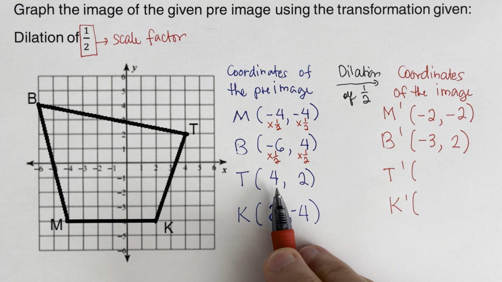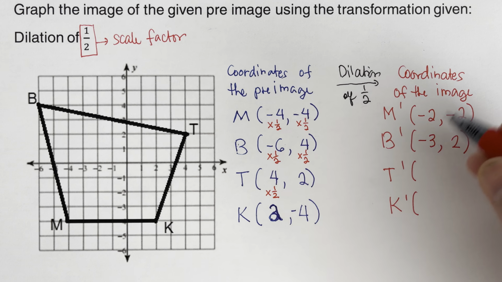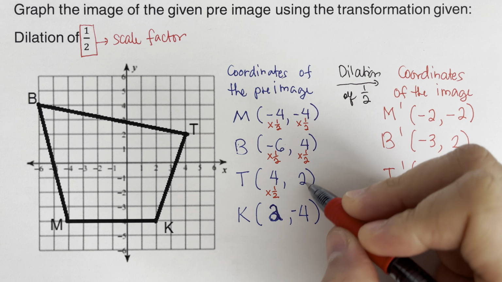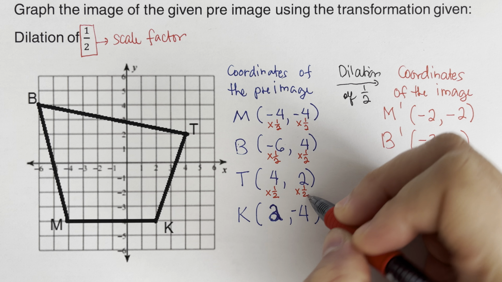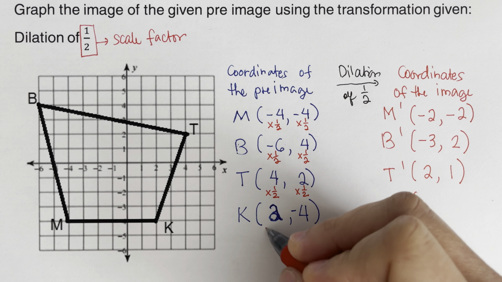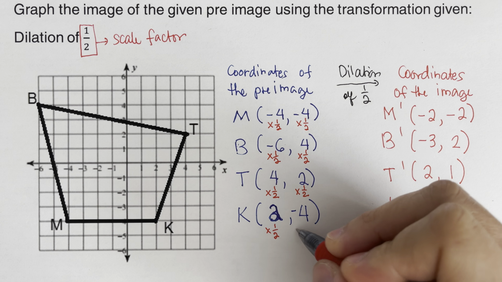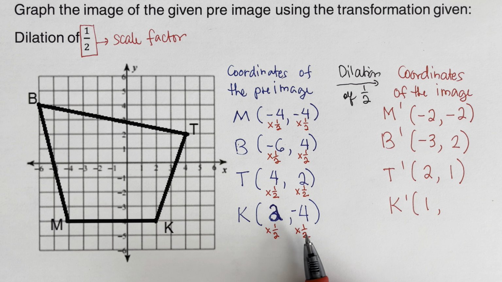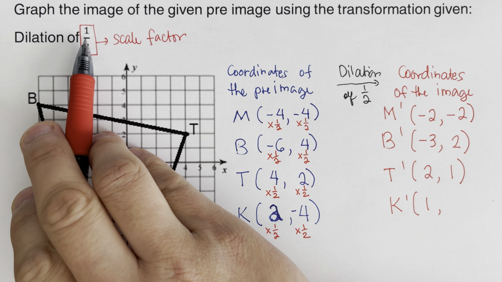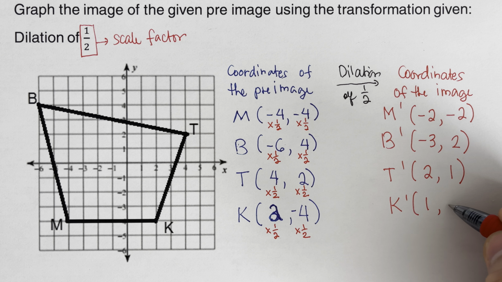And then for letter T here, it's the same thing. Multiply this by 1/2. Half of 4 is 2. And then we multiply this again by 1/2 here. Half of 2 is 1. And we have to multiply this by 1/2 again. Half of 2 is 1. And then multiply this again by 1/2. Again, the reason why I multiplied all of these by 1/2 is because that's our scale factor up there. So that would be half of -4 is -2.